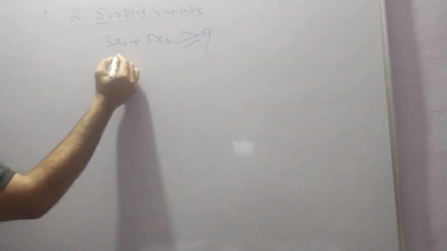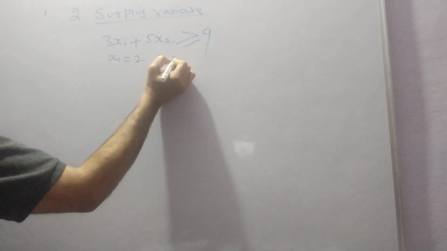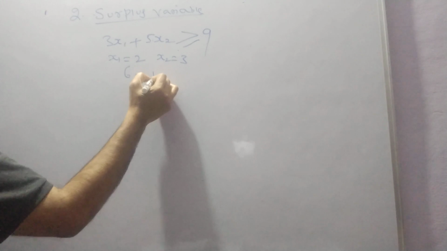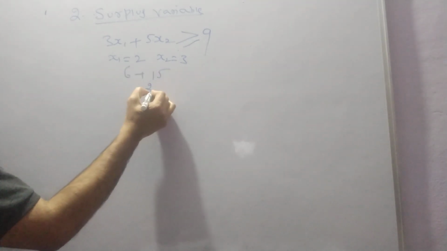You put any values of x1 and x2, x1 equal to suppose 2, x2 equal to 3. So 3 into 2 is 6 plus 5 into 3 is 15. 6 plus 15 is 21.